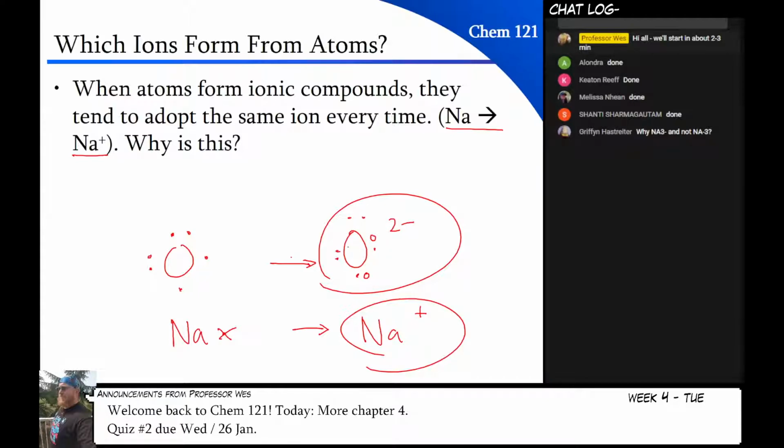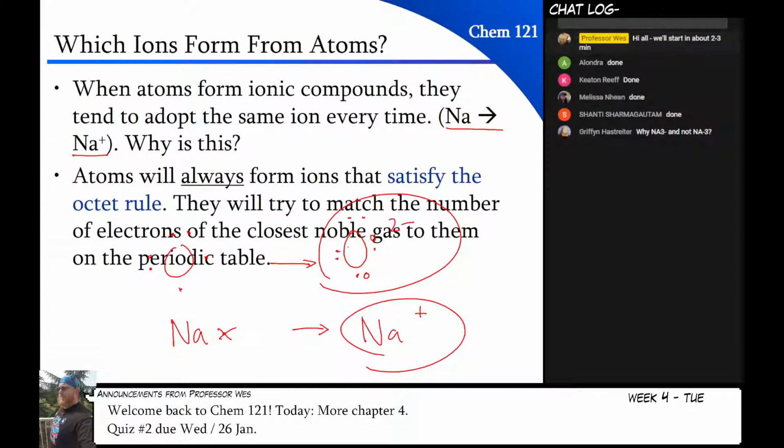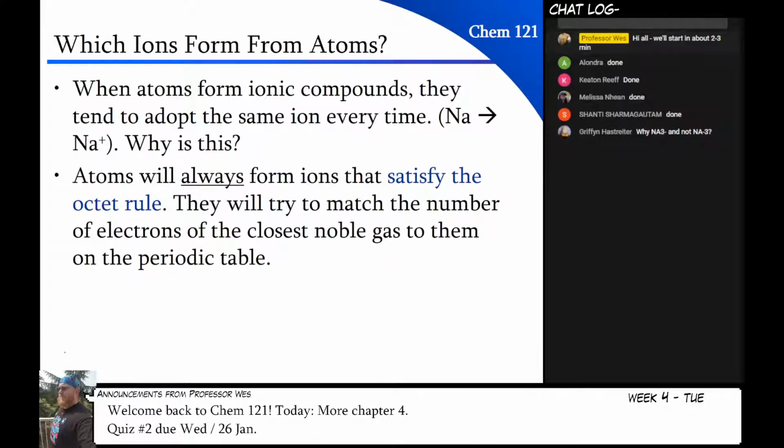So atoms will always try to satisfy the octet rule, and whatever ion they land on is going to be the ion that forms. So again, atoms will always try to satisfy the octet rule, and as a result of that, they will gain or lose electrons to get to their octet. And there's only one way to do that.